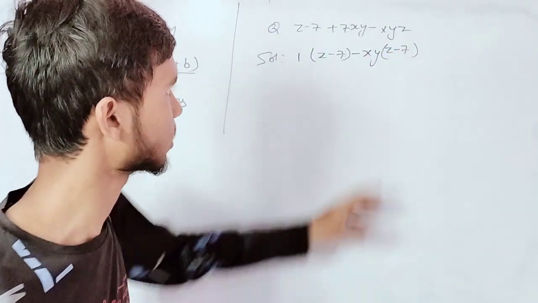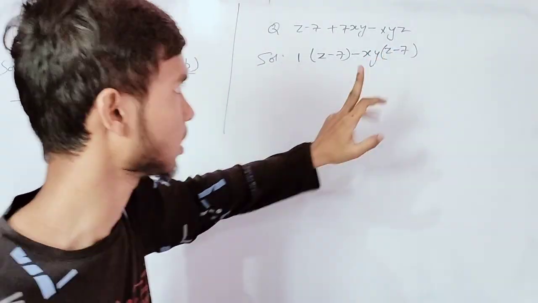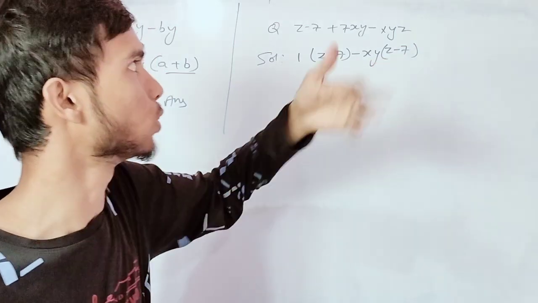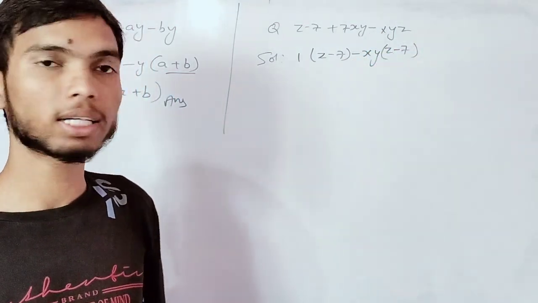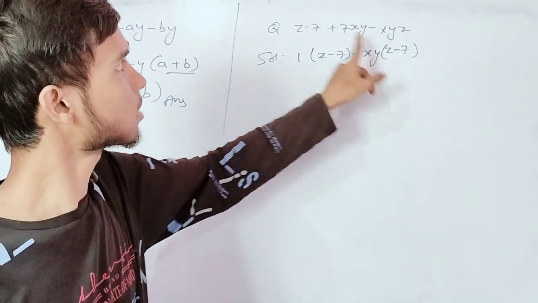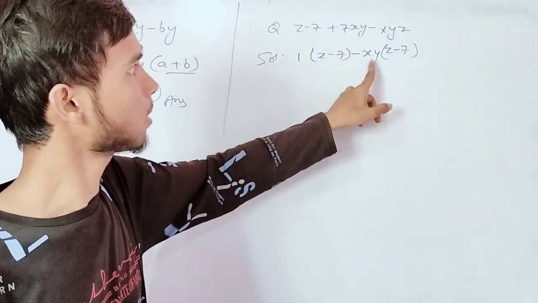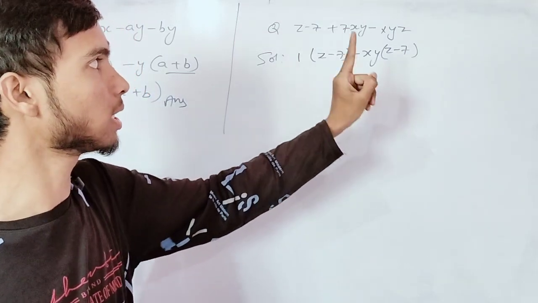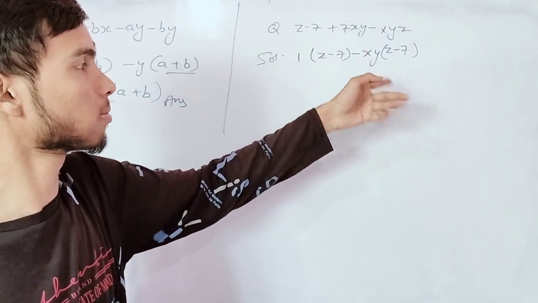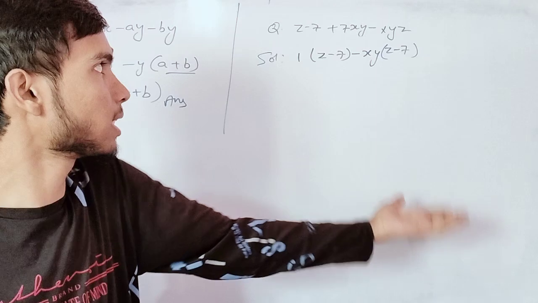Here you can see xy multiply z, minus xyz you will get. So here minus xyz we wanted. Now minus plus, okay, 7 multiply xy, 7xy you are getting. So till here it is correct. We can confidently say that it is correct.